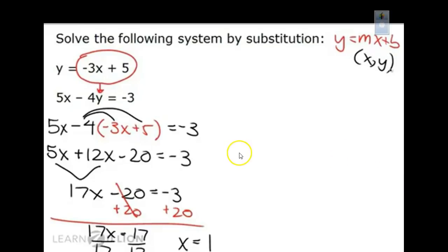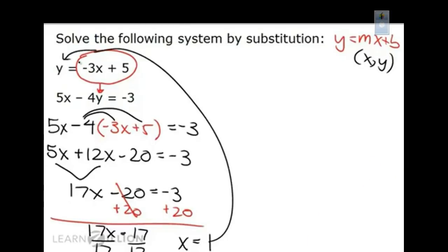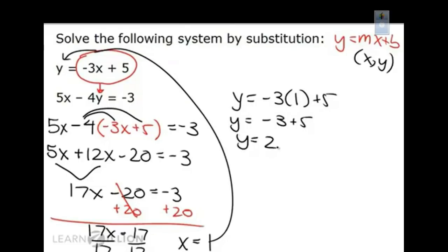To find y, we can plug in x into either of these two equations. But notice, in this first equation, y is already by itself. So let's plug in x in our first equation. Negative 3 times 1 plus 5. So y equals negative 3 plus 5, and y is 2. So it looks like our solution is (1, 2).